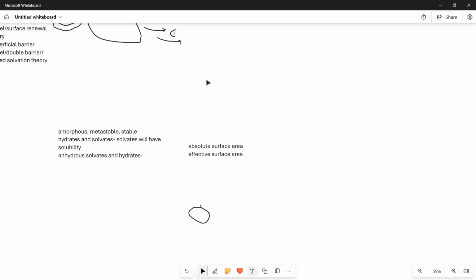is the Henderson-Hasselbalch equation, which basically provides the ionization of weakly acidic and weakly basic drugs. Basically, 75% of the drugs available in the market are weakly basic, 20% are weakly acidic, and 5% of the drugs are neutral.